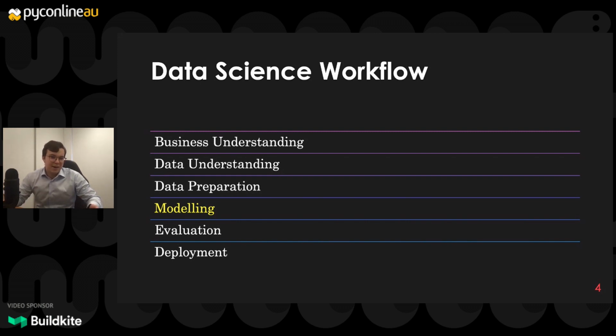In our restaurant, this would be taking the customer's order. Data understanding is about understanding our ingredients. Data prep is about preparing the ingredients, chopping the vegetables, etc. And modeling, which is what the focus of this talk is about, is actually cooking the meal.